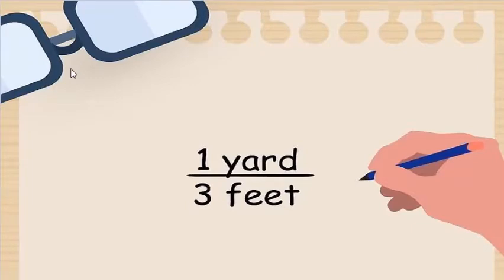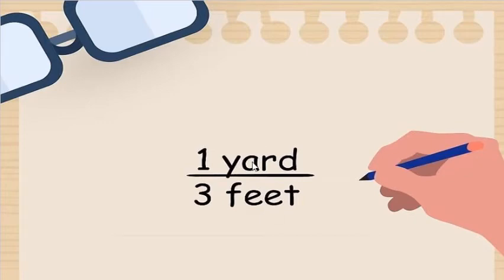Children, then let's see how to convert feet to yards by hand. It is fairly well known that 1 yard is equal to 3 feet. So to convert measurements into yards that we originally took in feet, you need to write this conversion factor as a conversion ratio. The ratio is 1 yard divided by 3 feet.